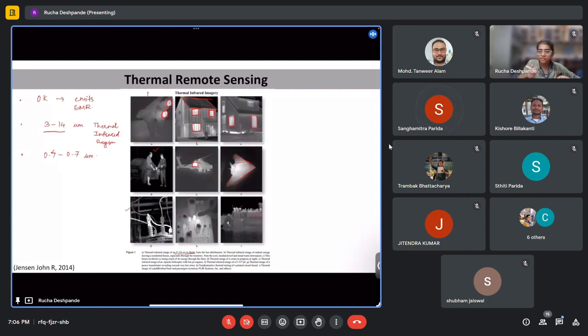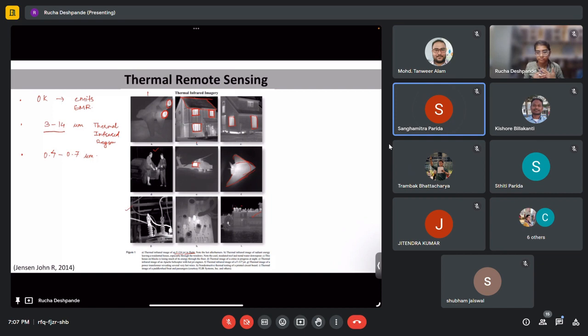If we are looking at objects surrounding us with sunlight, and the sunlight is reflecting, then it would be passive remote sensing. In any case it would be passive remote sensing, because we don't have a source of light inside our eyes. Even if we are using a tube light, it would be another source, and then we would be looking at it. So it would be passive remote sensing only. Okay. Thank you.